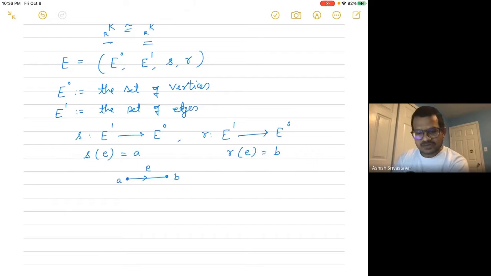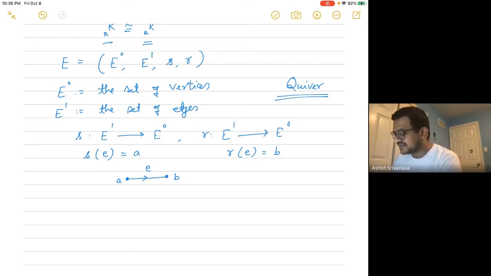So throughout this talk, when I say E is a directed graph, I mean that you have this. A directed graph means you have a graph where the edges have a sense of direction. We also use the word quiver for that. So some of you may be using the word quiver. So we have vertices, we have edges, and we have a notion of source and range of an edge.